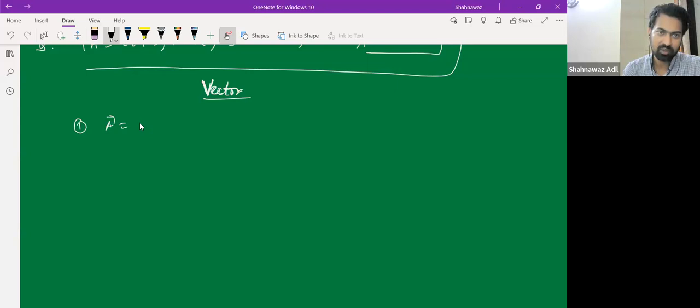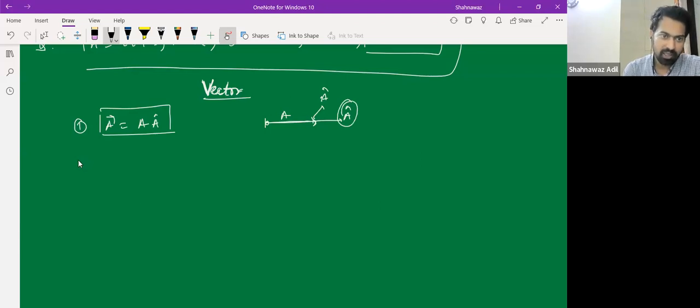You represent it with some magnitude and then direction. So the first thing we learned is that this length represents the magnitude and this represents the direction. The direction of this vector is A, which is called the unit vector. And secondly, you learned about the Cartesian form of the vectors.